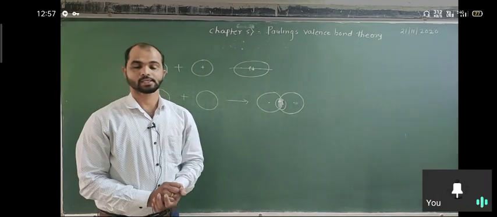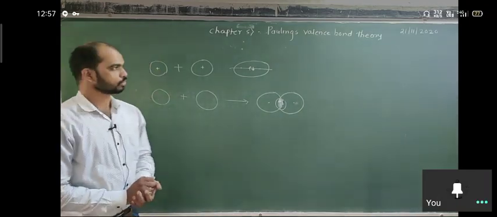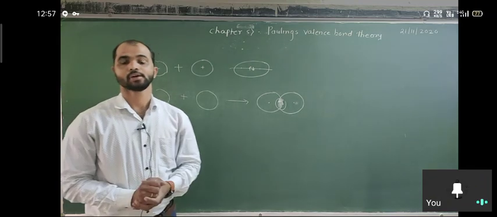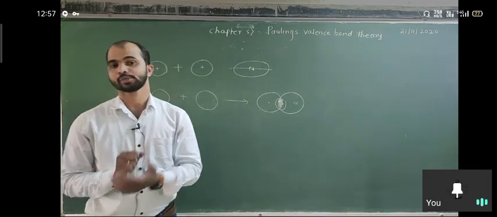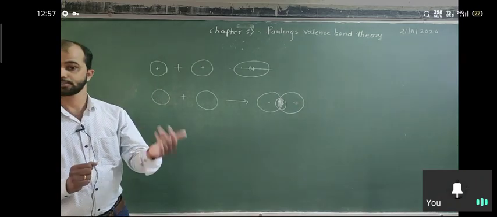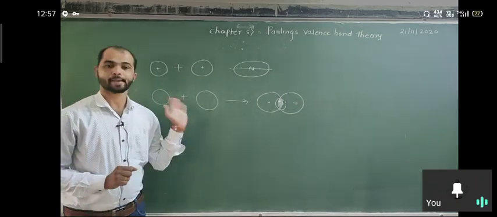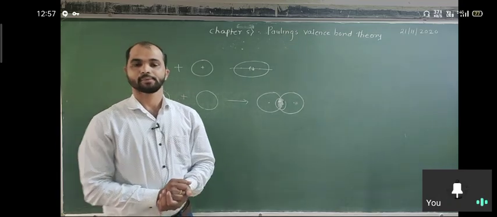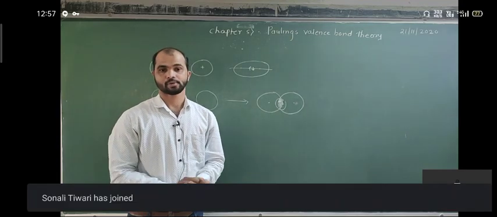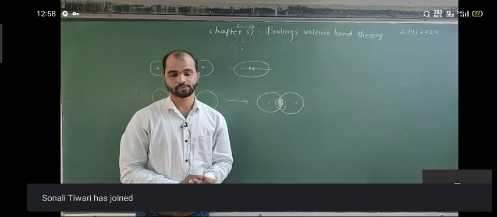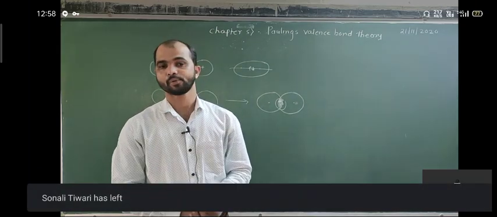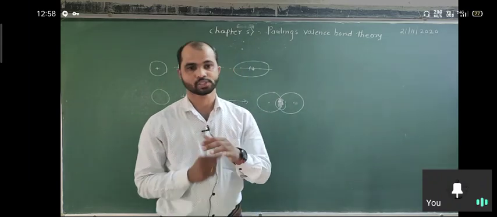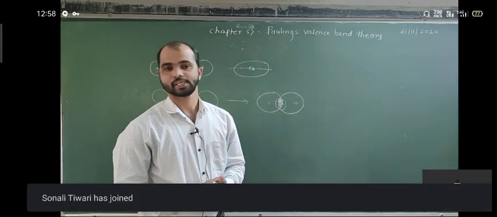Basically the theory is useful to know the chemical bonding, and once we know the chemical bonding we can predict the geometry and shape of the complexes as well as molecules. An important application of the theory is that it explains the bonding, that means the shape, and is also helpful to know the magnetic moment of the complexes as well as of molecules. So this is the importance of this theory.